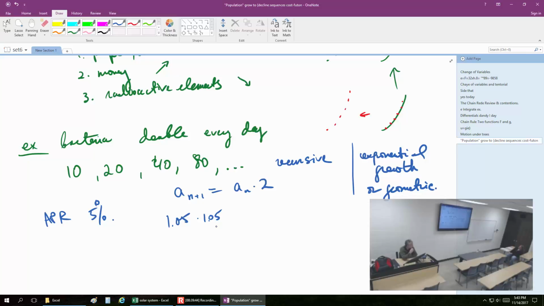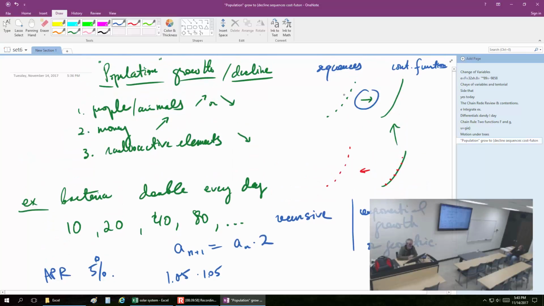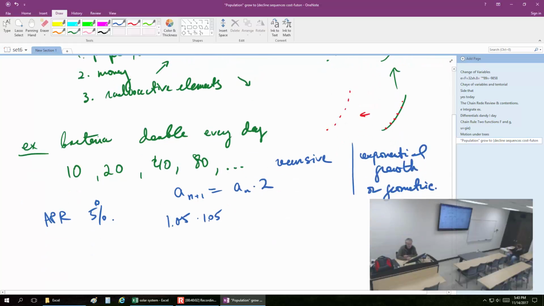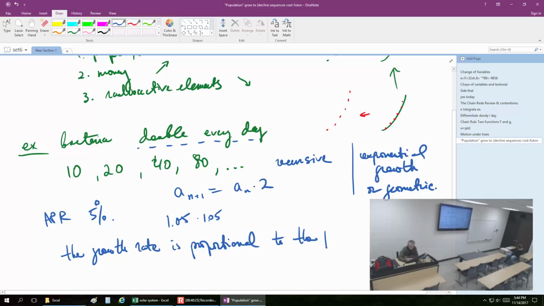You can only proceed one step at a time, and you hope you carry out enough iterations to see what has happened. But we want more, and so we make this conversion from discrete to continuous. The idea is that it doubles every day, or it doesn't have to double, whatever the proportion is, the growth rate is proportional to the population.